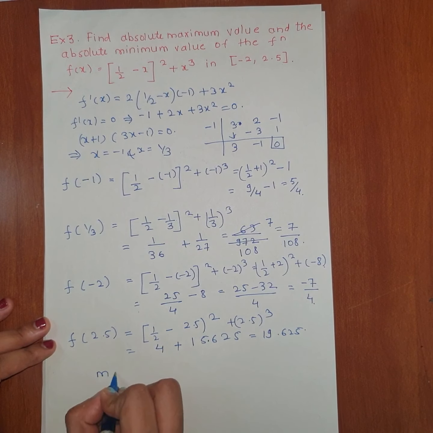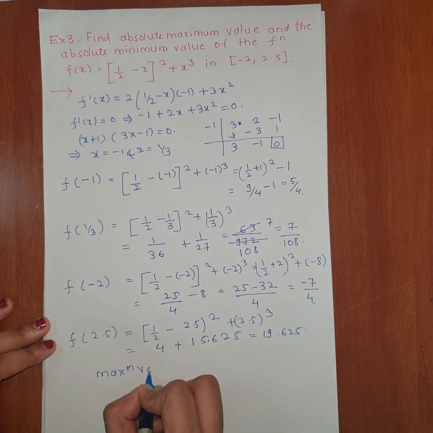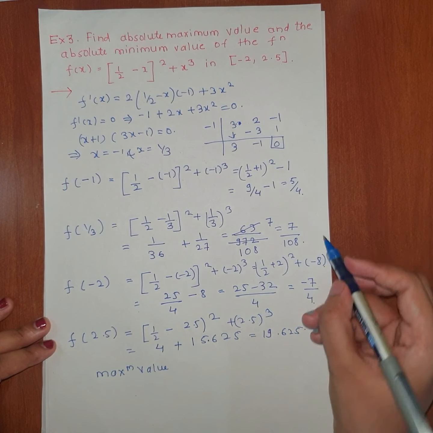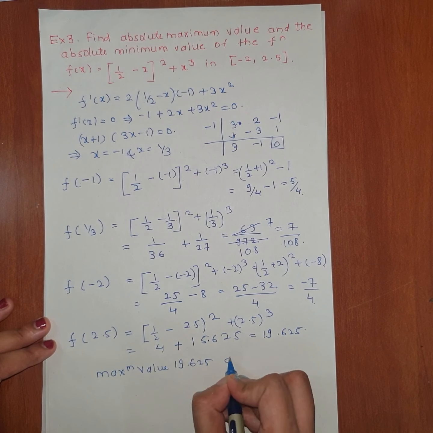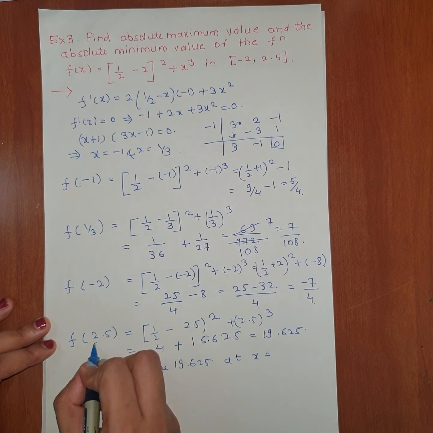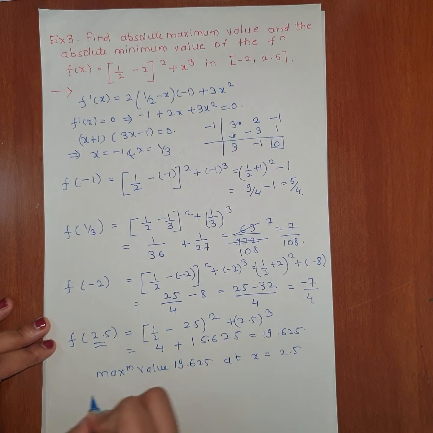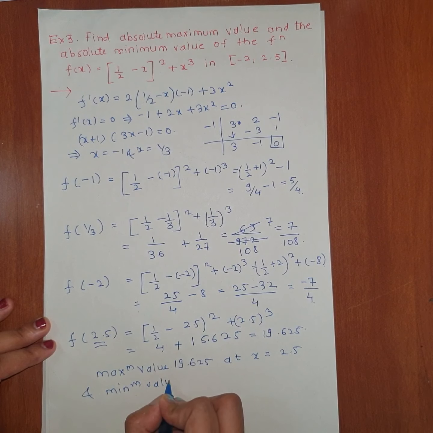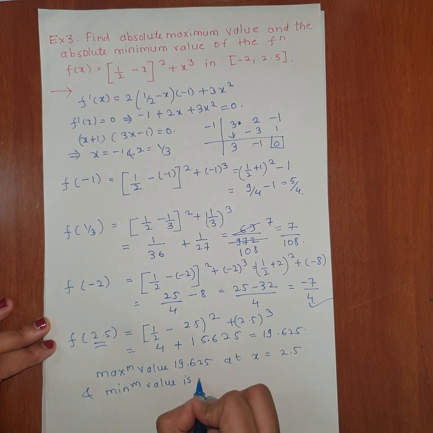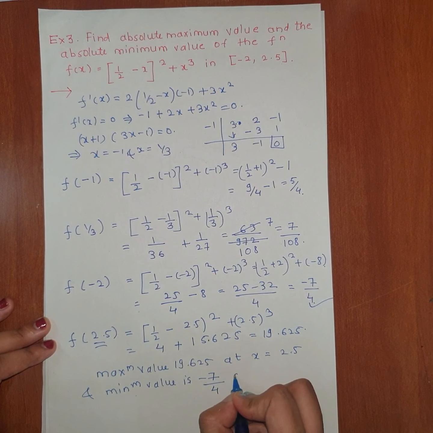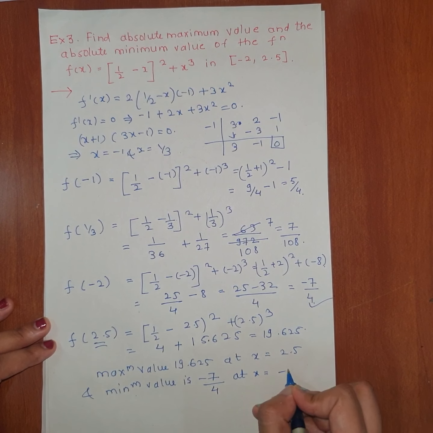So we get the maximum value, which is 19.625 at x equal to 2.5, and the absolute minimum value, which is minus 7 by 4 at x equal to minus 2.